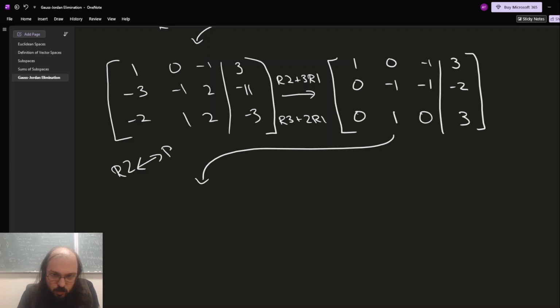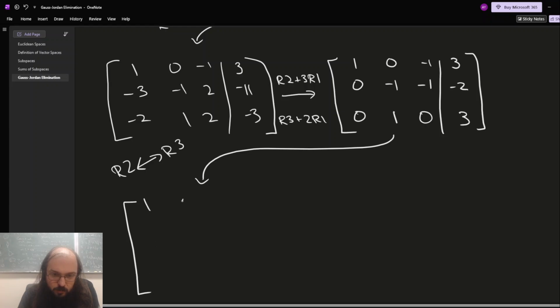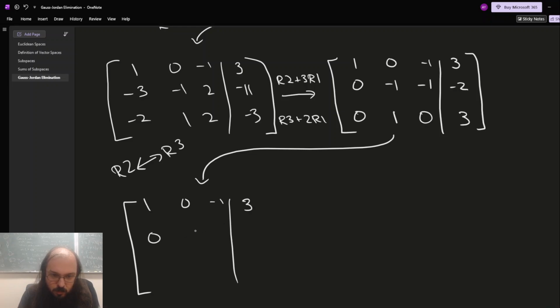Row 2, swap with row 3. And now while I'm at it, let me take the new row 3 and multiply it by -1, just because I know I have to do that anyway. Seems like it makes life a little easier to do it now.